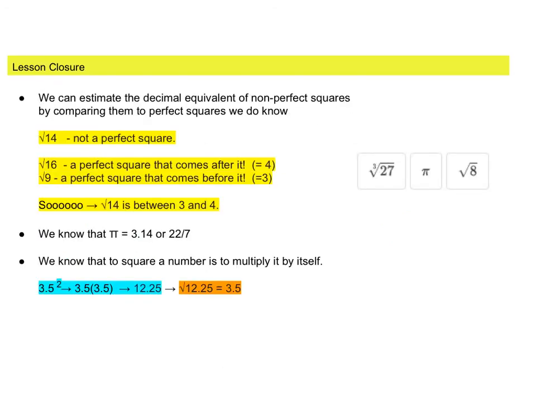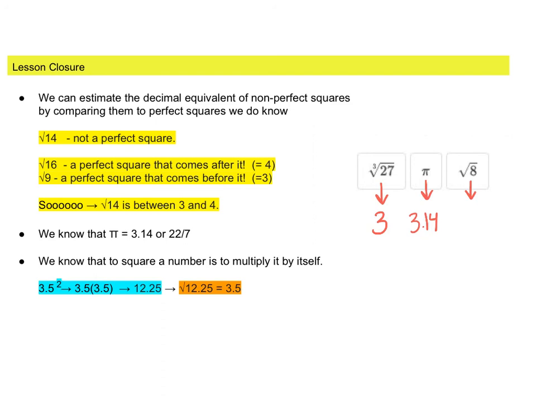All right, our lesson closure for today is that we can estimate the decimal equivalent of non-perfect squares by comparing them to perfect squares we do know. So, for example, if I were to estimate these 3 different numbers right here, I would compare them to numbers that I do know. So the cubed root of 27, I know that one. That's 3. Pi is 3.14, but the square root of 8 is something I don't know.